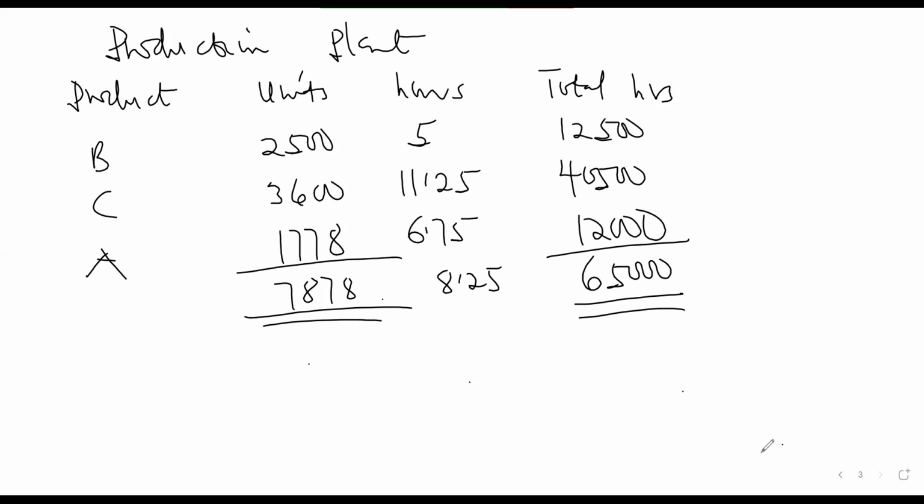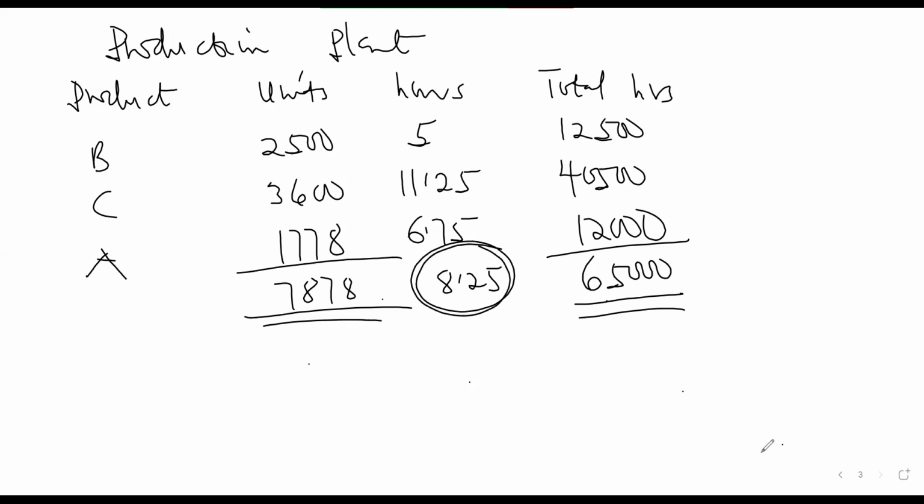Yes. Okay. Don't ask me how I was able to get the 8.25. The 8.25 is the weighted average. I just have to do this divided by this. So 65,000 over 7878 is not the total for this one. But you just ask yourself what would be the hour per unit for you to use 65,000 to produce. This one is not necessary. You can just leave it and move on.